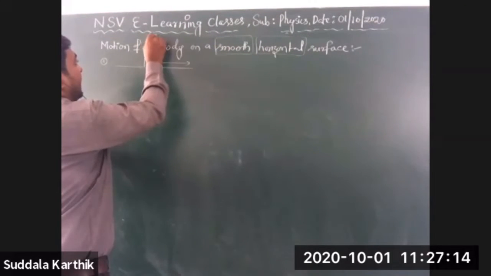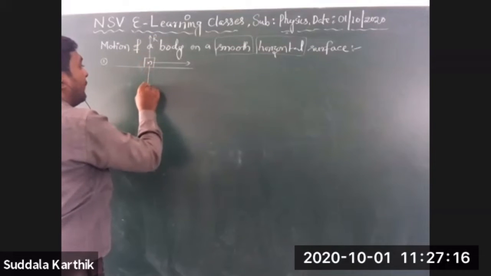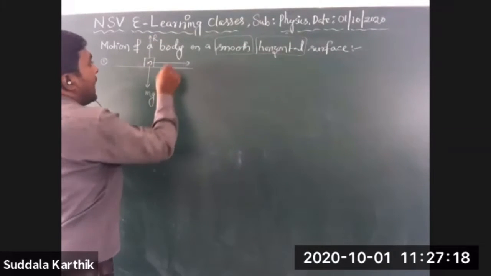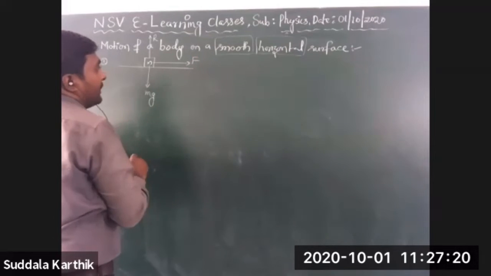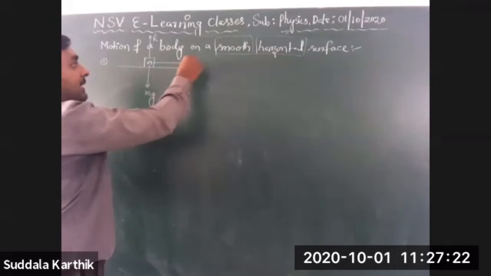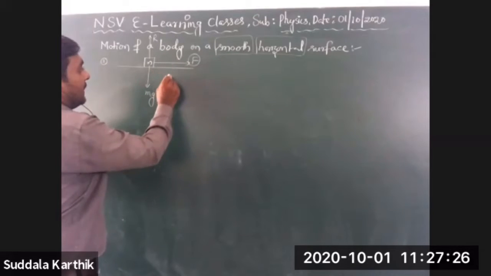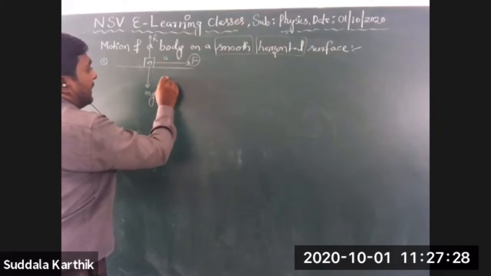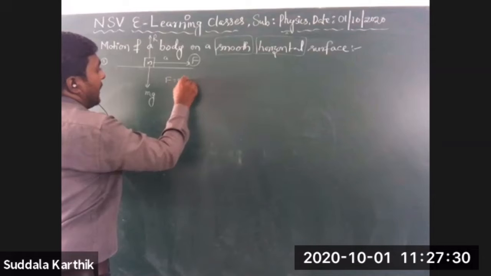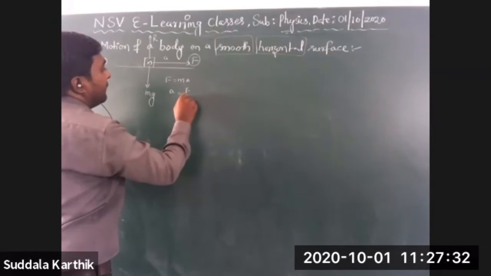There will definitely be a normal reaction R, and the weight of the body mg, and it moves in the direction of the applied horizontal force F. It gets some acceleration a, so F = ma, and a = F/m.